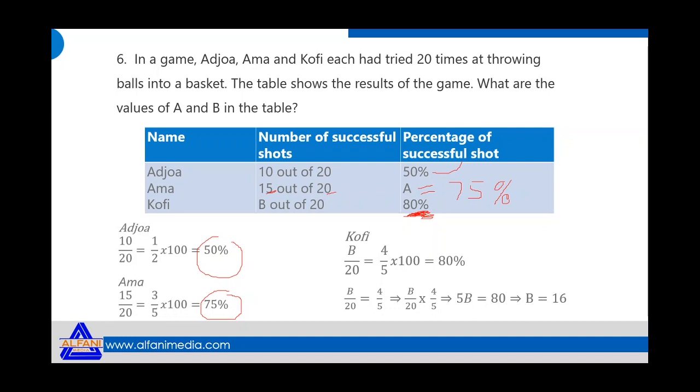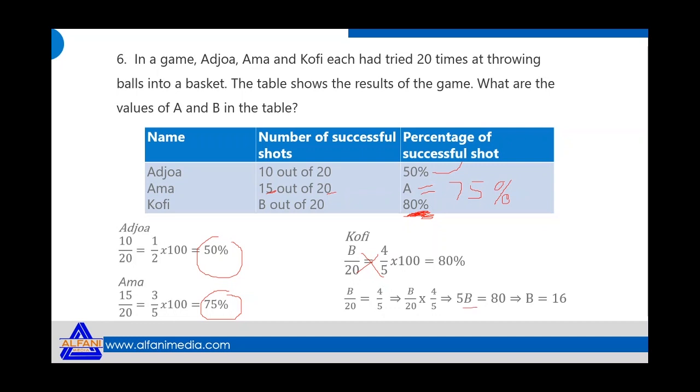So what it means is that when I take B over 20 equals 4 over 5, doing the cross multiplication here, we take B times 5 equals 20 times 4.